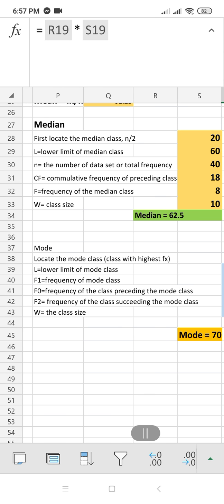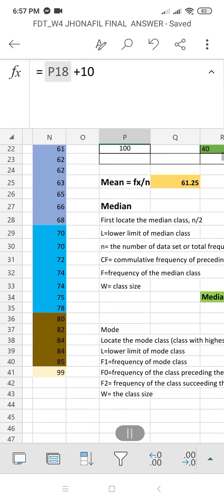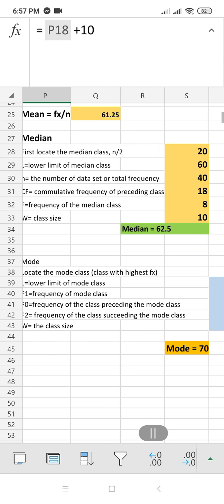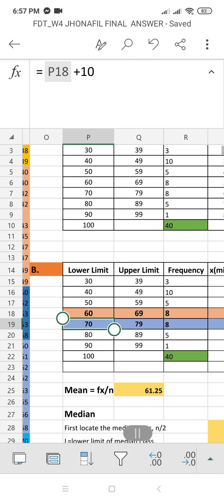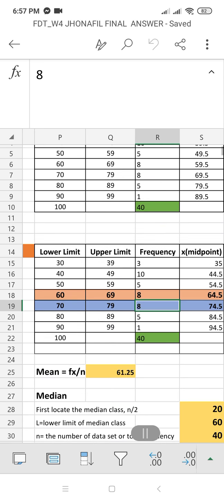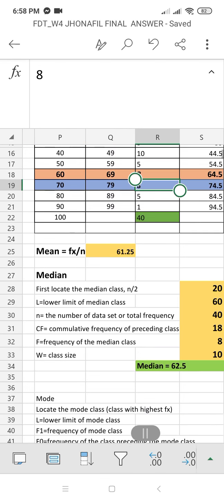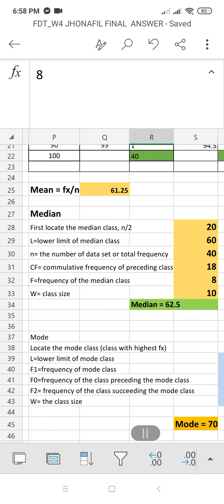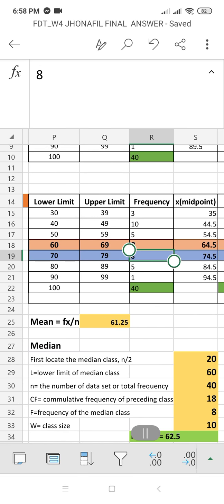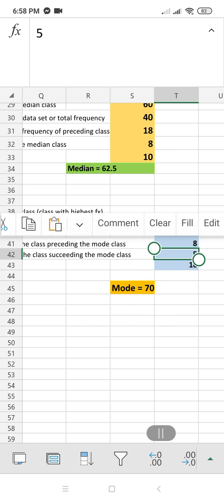Then our lower limit of the mode class is 70. The frequency is 8. The frequency of the preceding class, above it, is 8 also. The frequency of the succeeding class is 5. The class size is 10.